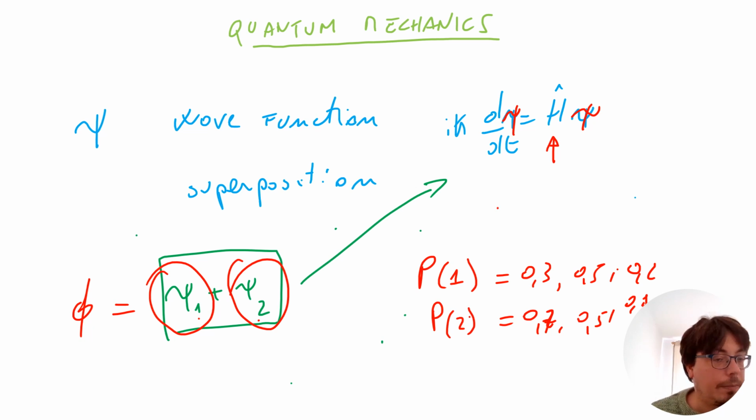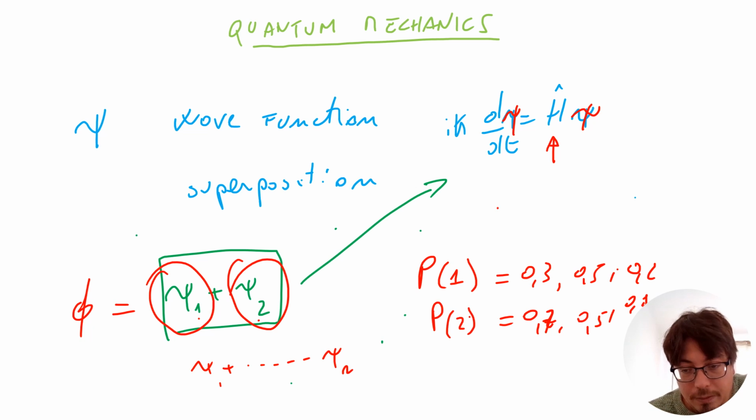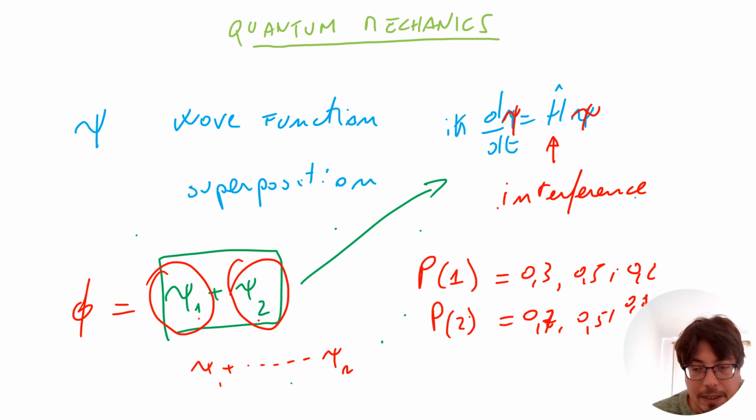And this is called the superposition principle, meaning that you can have many of these. You can have a huge superposition of many values, and in general this will lead to certain interesting patterns that you can exploit to do some clever feature, or if you don't exploit it, it's just the way in which nature behaves, so some effects will show interference patterns. I will close by saying that interference is not something that happens only in quantum mechanics.